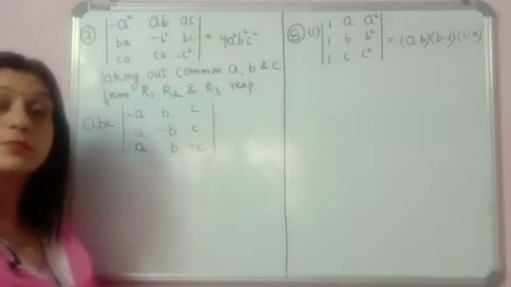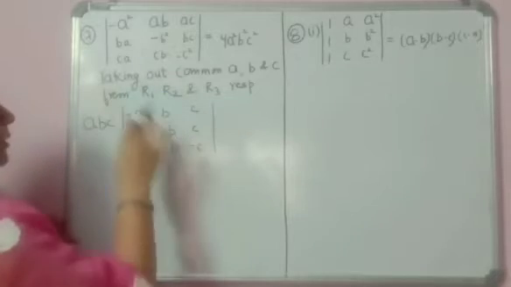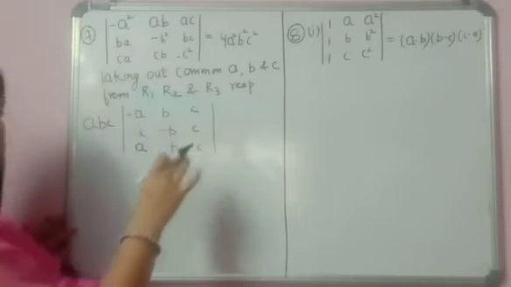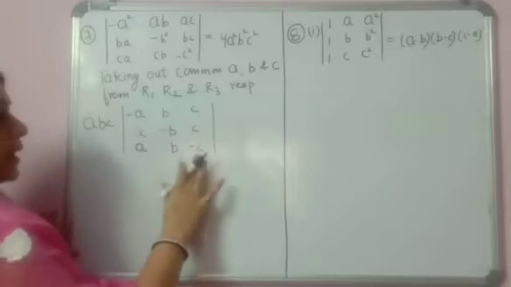Now again you will observe that you can take out common a, b and c from C1, C2 and C3.